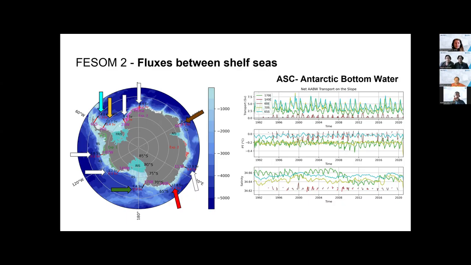It's not there during the whole year, and neither is the export. That's also important to know, because if we want to make observations there, we should be aware that when we measure only once or for 1 year, it doesn't mean that it's representative for the whole area for all periods. And that's a nice complement to the observation studies.